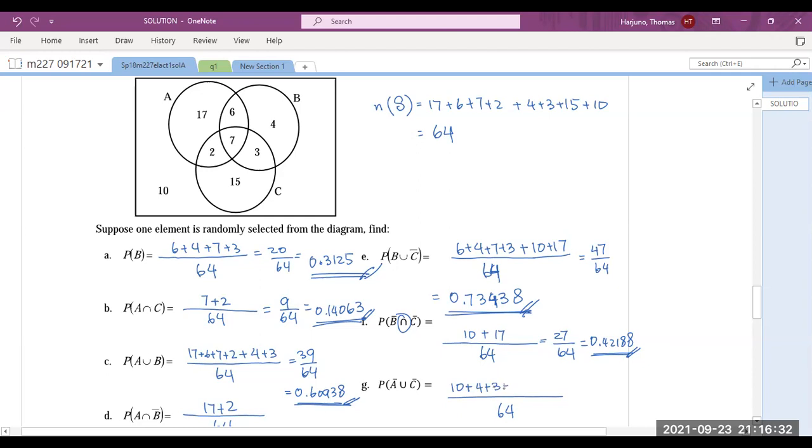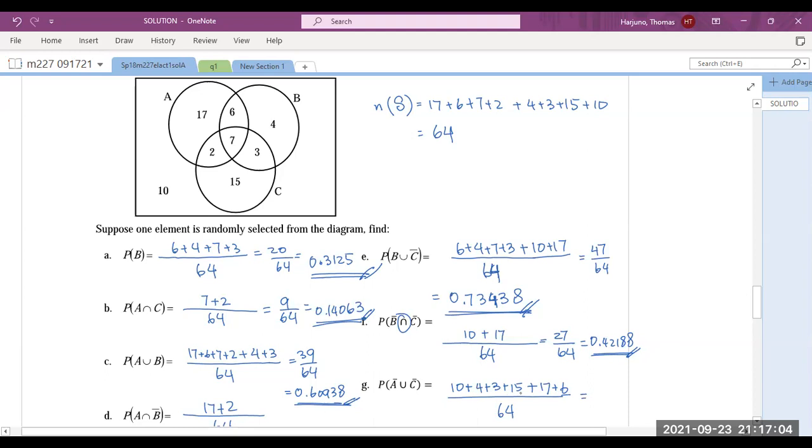And then? 15. So those are the ones outside of A or outside of C. 10, but it's counted already. Right? 10, 17. 6. And then? 4, but it's already counted. So we don't add them anymore. Good. Yeah.